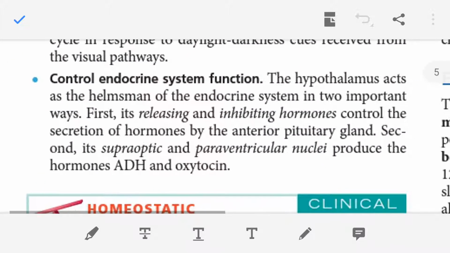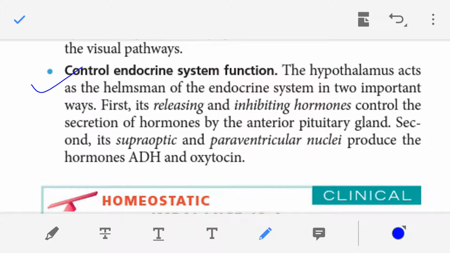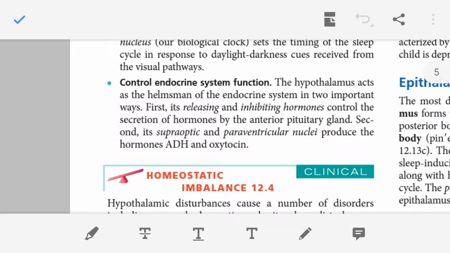Then the hypothalamus controls endocrine system function. We know that the hypothalamus produces and secretes various releasing hormones, and it is also associated with many regulatory mechanisms, the positive and negative feedback mechanisms, in which the hypothalamus is involved.